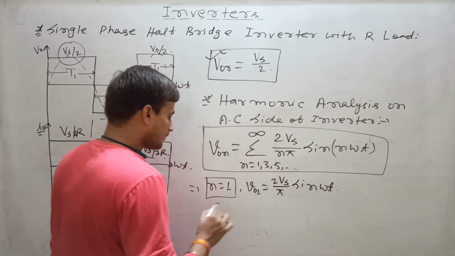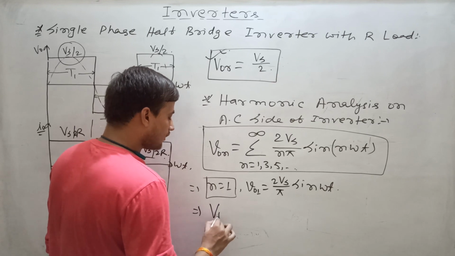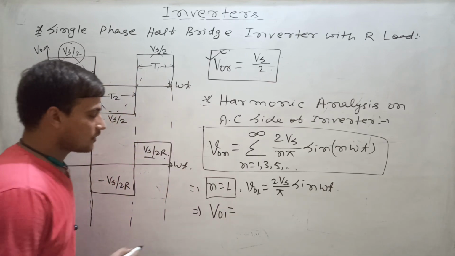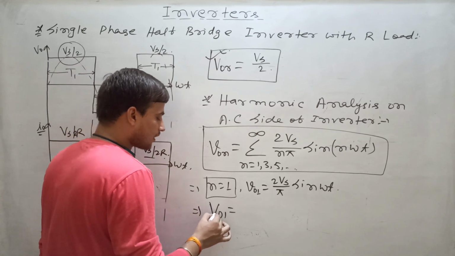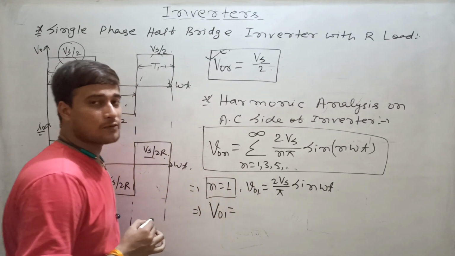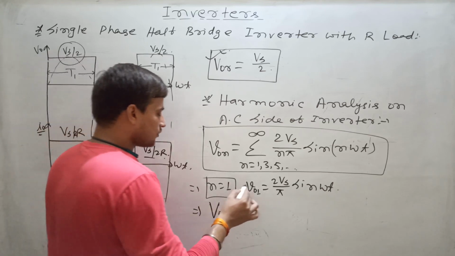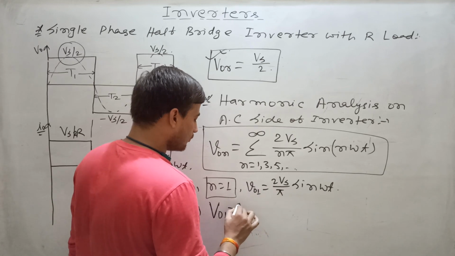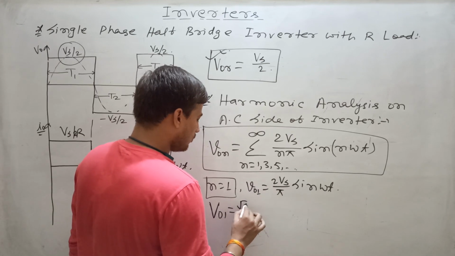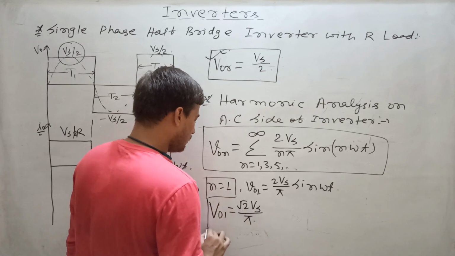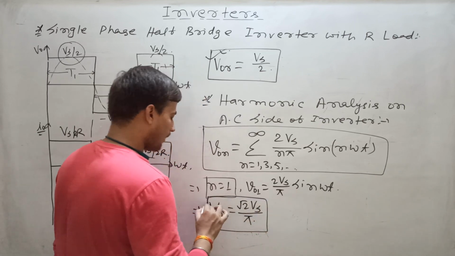Now somebody is asking you to find the value of the fundamental component of the RMS output voltage. RMS values are written by capital V. Instantaneous is always denoted by a small v. So it will be this one divided by root 2, that means root 2 Vs divided by pi. Clear?